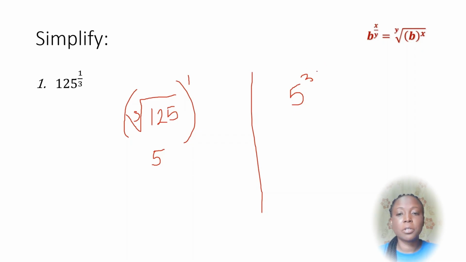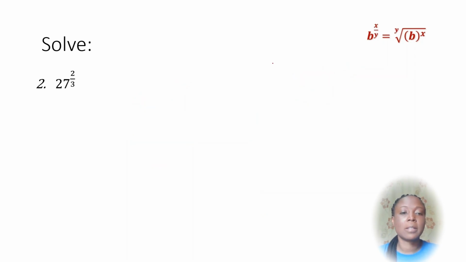So it means I have done nothing. So 5 raised to power 3 times 1 over 3. Right? Because when we put a bracket, we multiply the powers. So this will cancel this, and then we have our answer to be 5. When I do more examples for you, you should be able to get that method, okay?